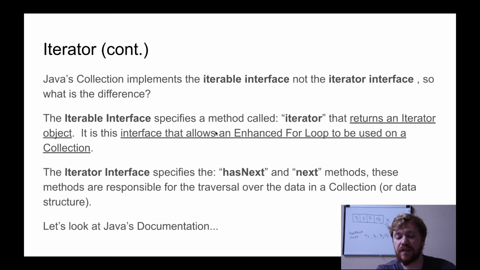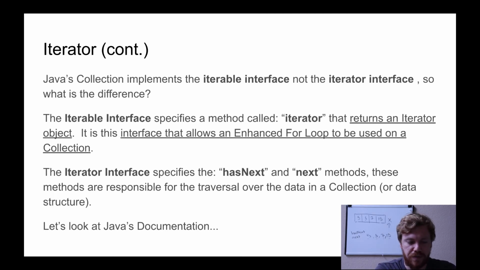It is this interface that allows an enhanced for loop to be used on a collection. And the iterator interface is what specifies the hasNext and next methods, and these are the methods that are responsible for the traversal over the data inside of a collection.